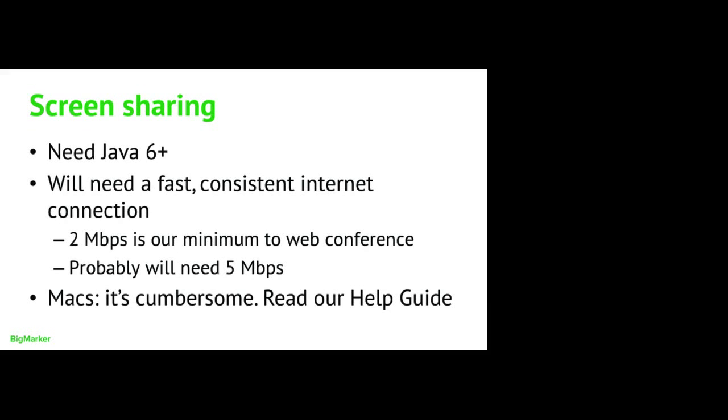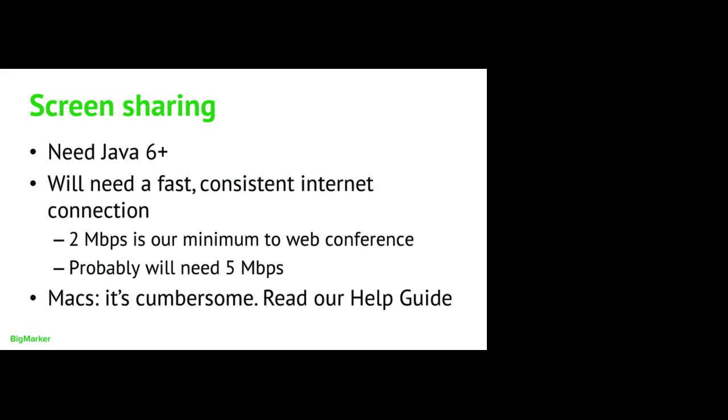So to do screen sharing, you do need a much faster internet connection than that. We're saying probably 5 megabytes per second. We're not exactly sure what the threshold needs to be to make it good. If you host a conference and do screen sharing on 2 megabytes per second or lower, my guess is that the screen sharing will go pretty poorly and there will be a very large lag.